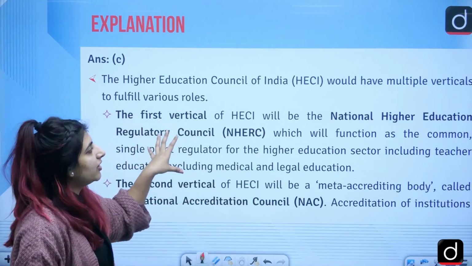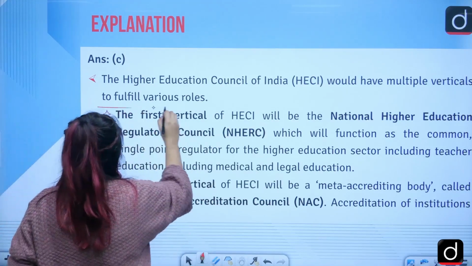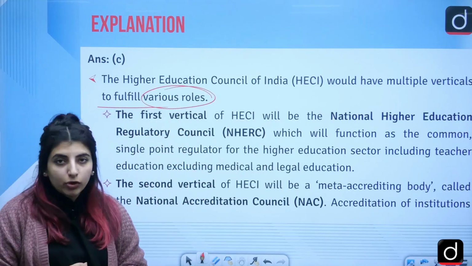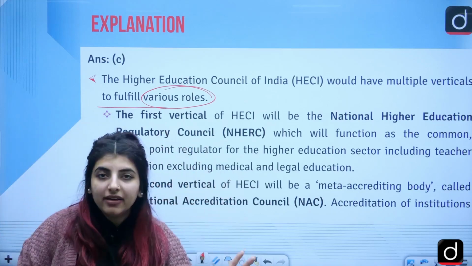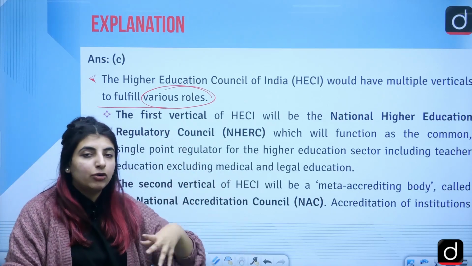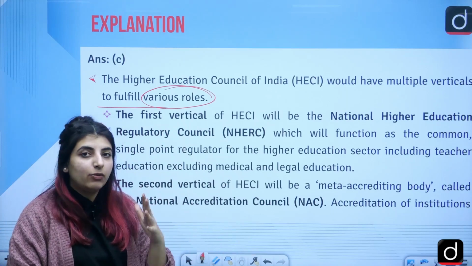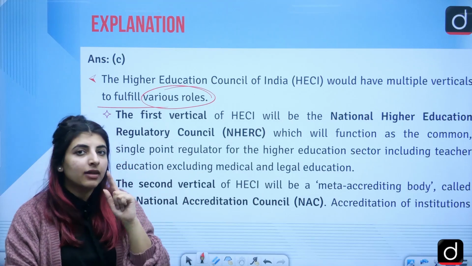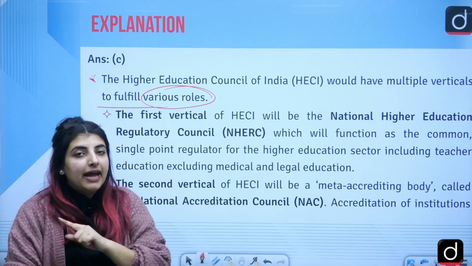The higher education would have multiple verticals to fulfill various roles. The first vertical, so this, as I told you, is an entire concept which has been talked about or asked about multiple times in the question paper, that is the National Education Policy. We cannot miss that entirely, right?